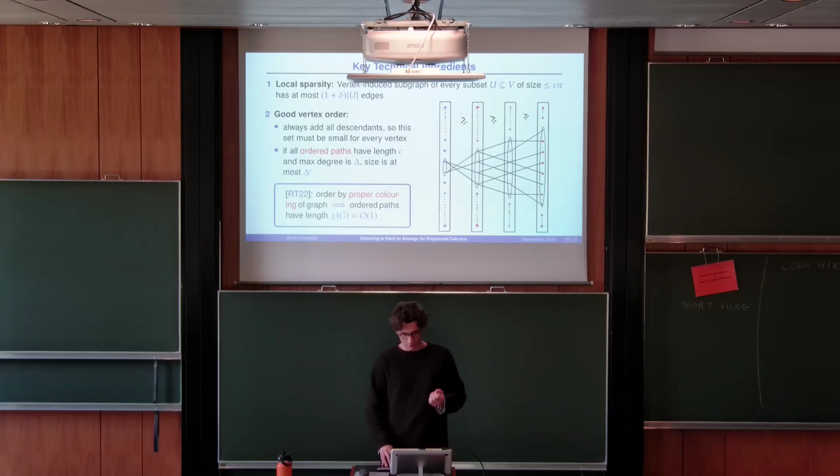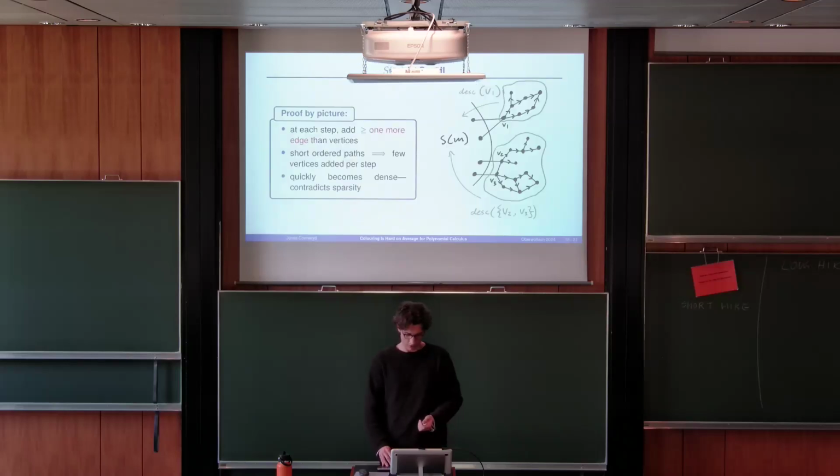So the key idea is that you should order the vertices by a proper coloring of the graph, because then the ordered paths will have length at most the chromatic number of the graph, which is very small in random graphs. Because of course, if two vertices are in the same color class, there's no edge between them. So an ordered path has to switch colors at every step of it.